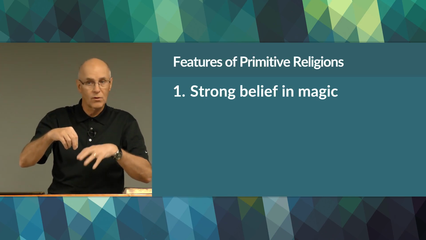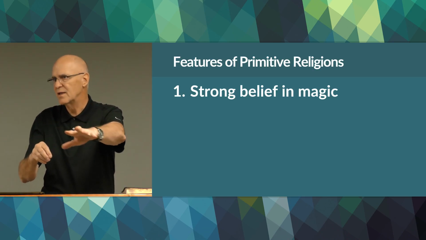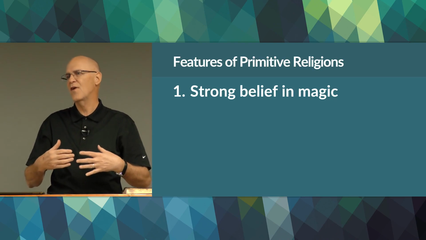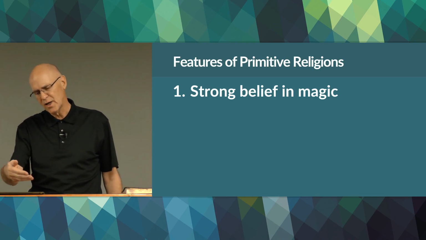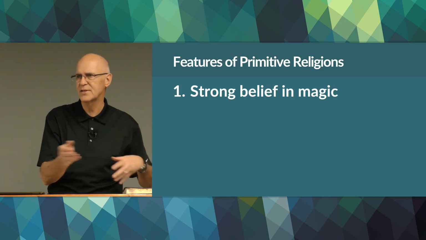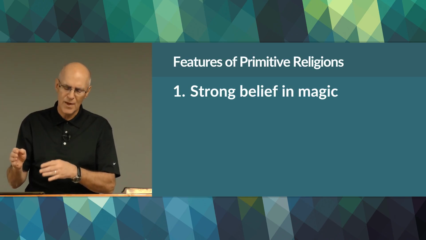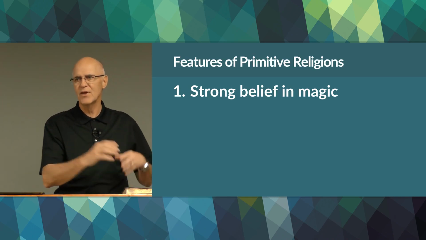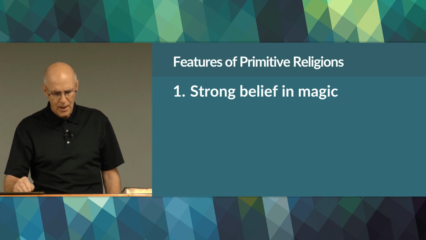Somebody in the physical world is manipulating something taking place in the spiritual world for their advantage or against someone else. We're not talking about magic in show business, that's show business. We're talking about true magic, the occult, okay, this kind of magic. So primitive religions have a strong body of magic.